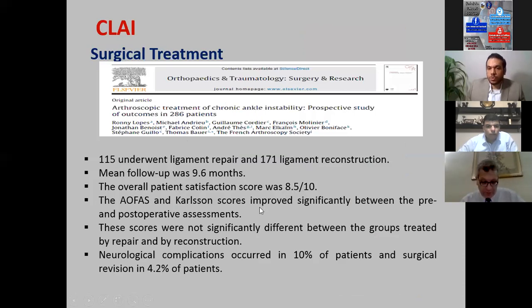The follow-up scores improved significantly between pre and post-operative. No difference between the arthroscopic repair and reconstruction, and neurologic complications were 10%, and reoperation rate was 4.2%. So the arthroscopic treatment of chronic lateral instability is promising with preliminary good results, but further studies are required to confirm this.